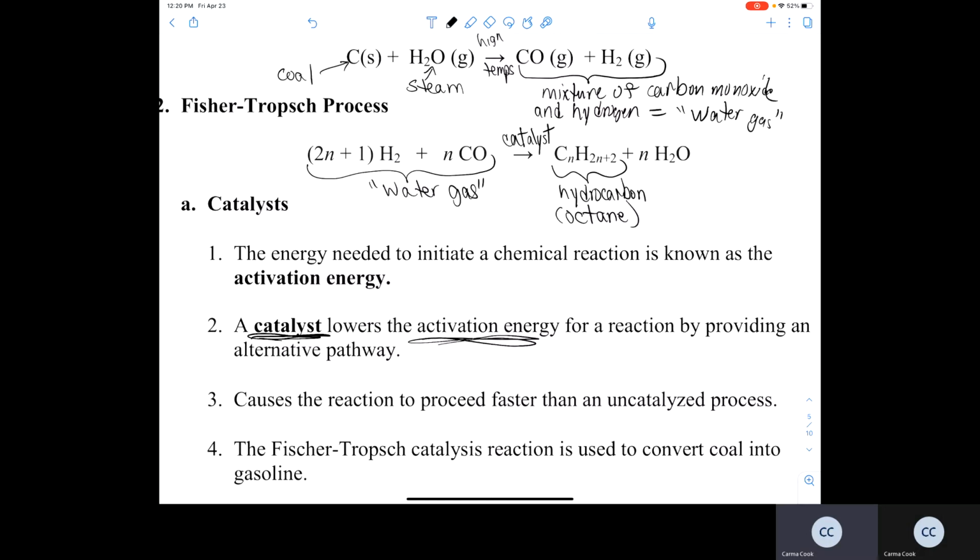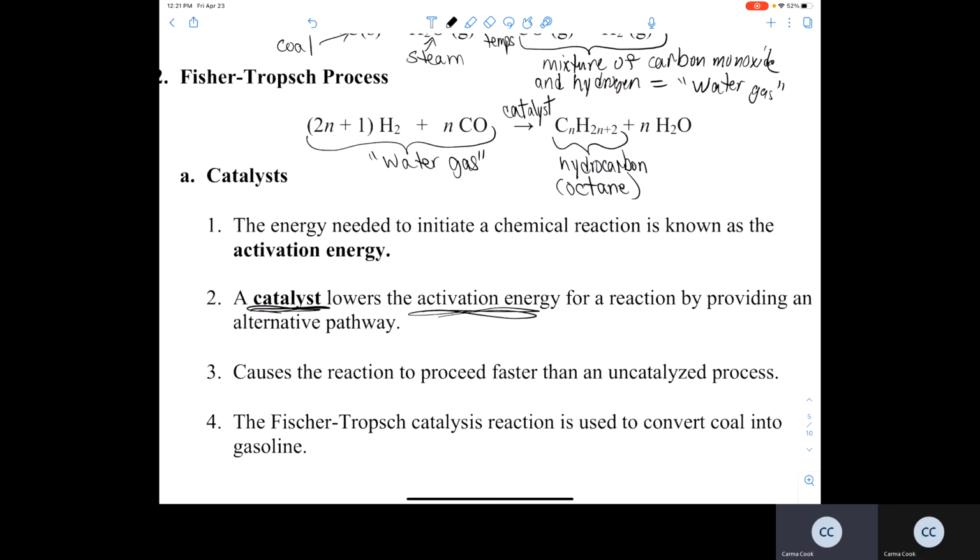This water gas would take a very, very long time to convert itself spontaneously to hydrocarbons and water. But adding a catalyst speeds up the rate of this reaction by lowering the activation energy.